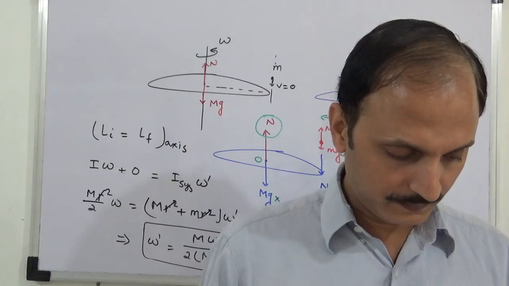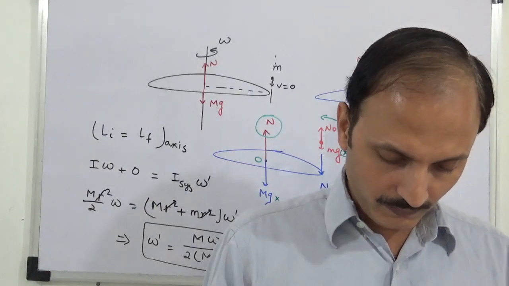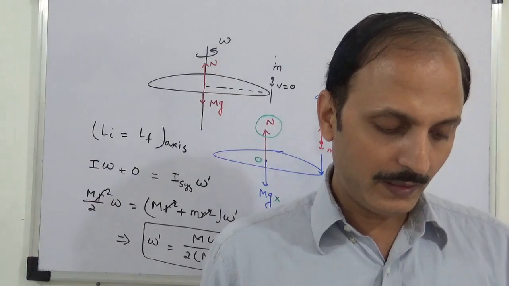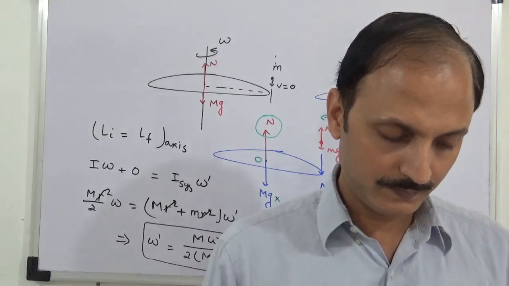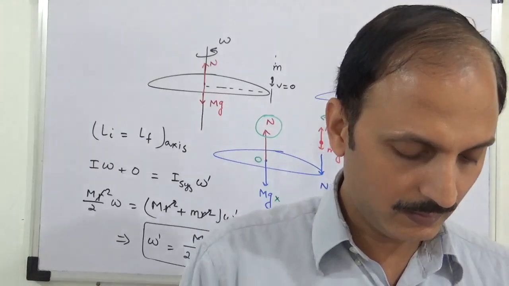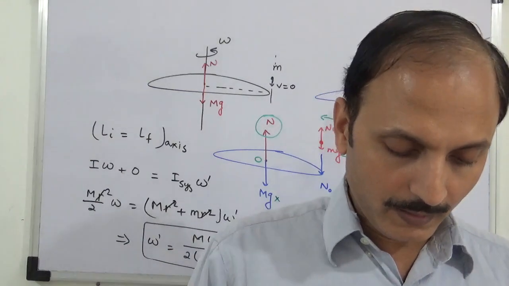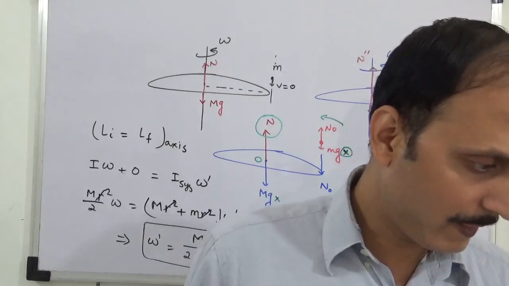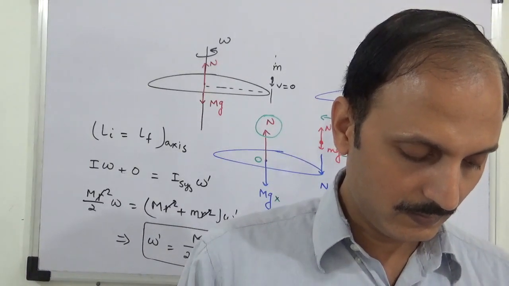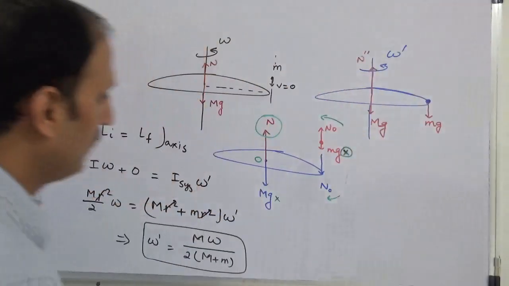In the previous question, if instead of a particle, a disk of mass capital M by 2 and radius small r is kept on the first one with axis coinciding, find the final angular velocity of the system.